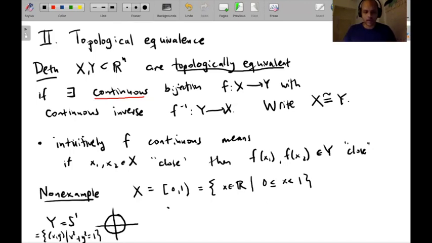So there's a continuous bijection from X to Y given by sending x to (cosine 2 pi x, sine 2 pi x).